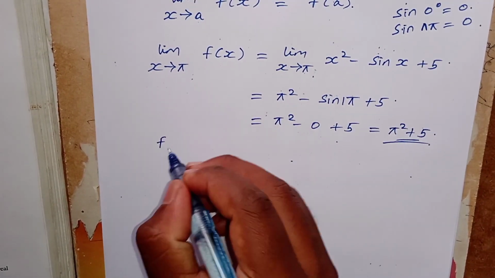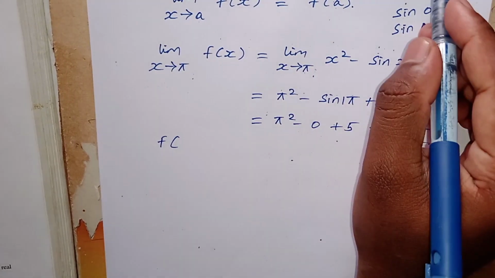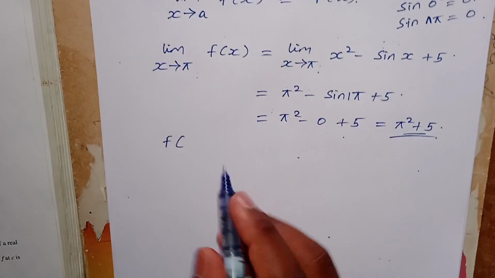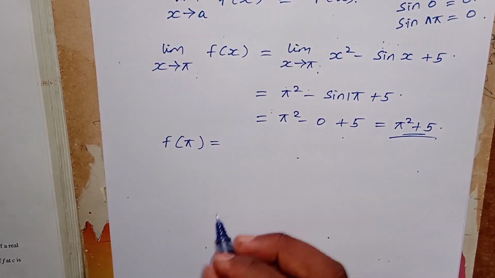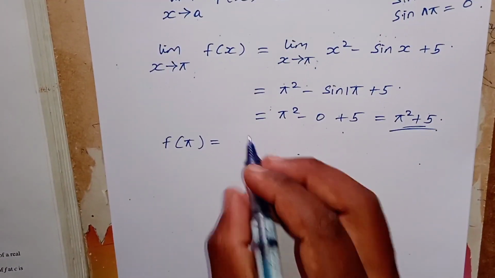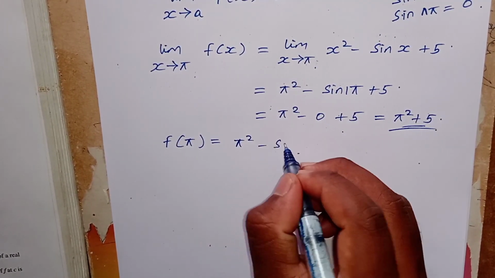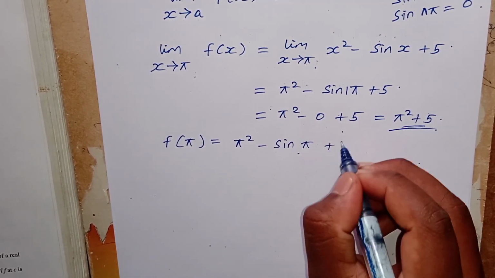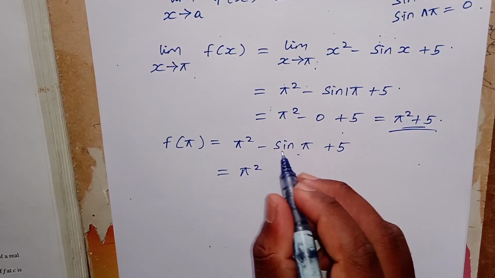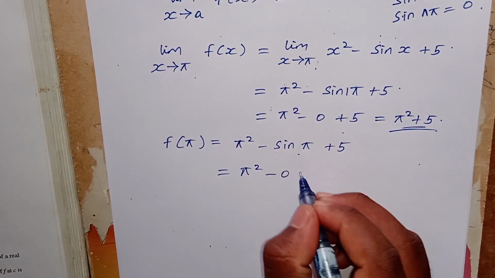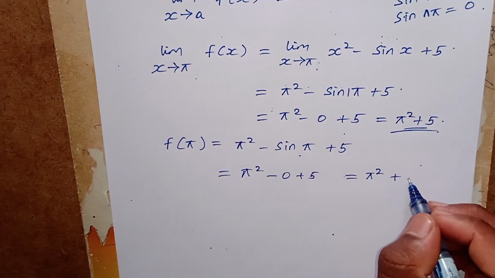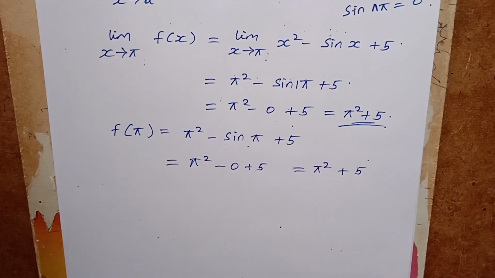Next, f of a is nothing but f of pi, since a is nothing but pi. f of pi is equal to, in the place of x you have to substitute pi, pi squared minus sin pi plus 5. Here sin pi is 0, so pi squared minus 0 plus 5 is equal to pi squared plus 5.